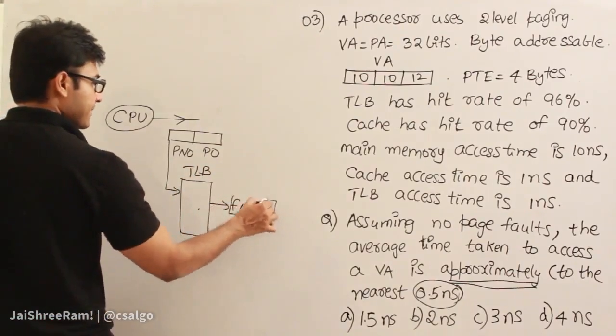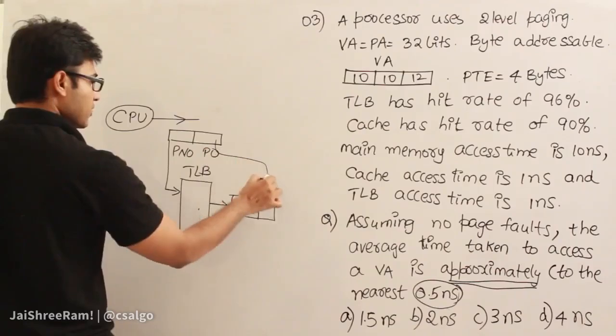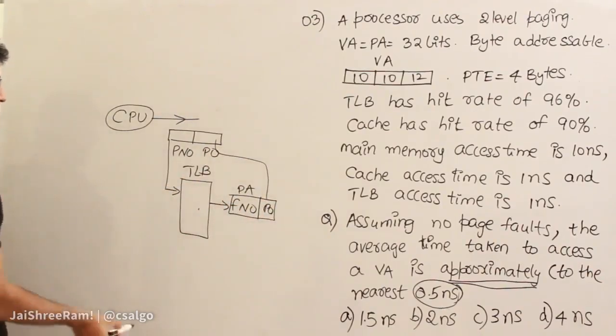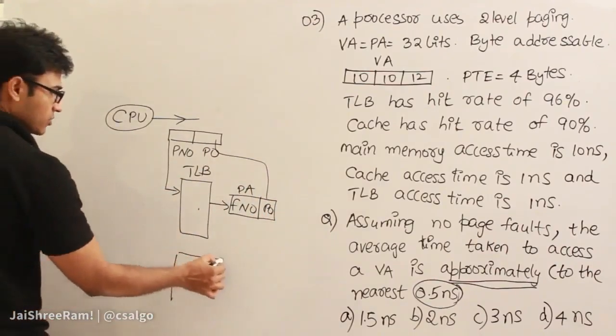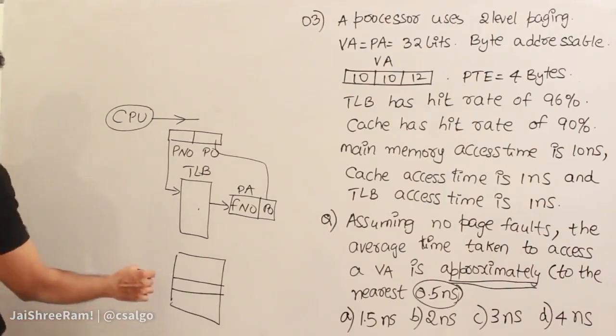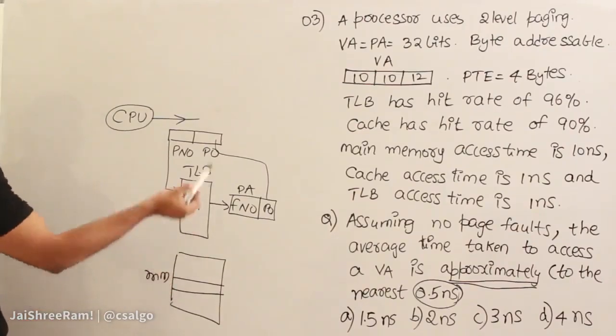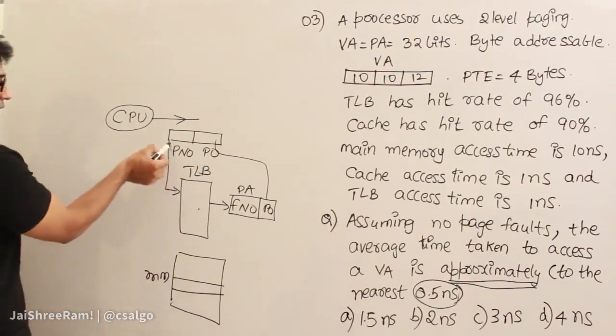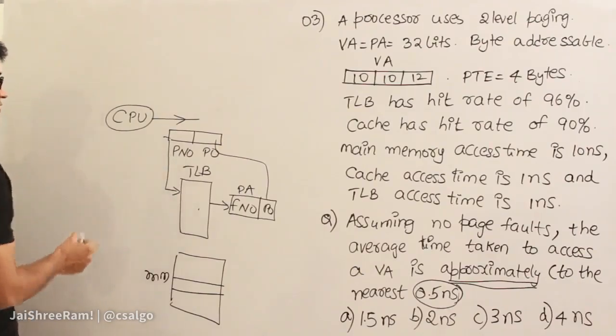And then using the page offset, you can get the physical address. Fine. If it is not present in the TLB, then we are supposed to go into the main memory and access the page table, right? But in this case, two page tables are there. Therefore, you might have to access the main memory two times. So that is about how to convert the virtual address to physical address.